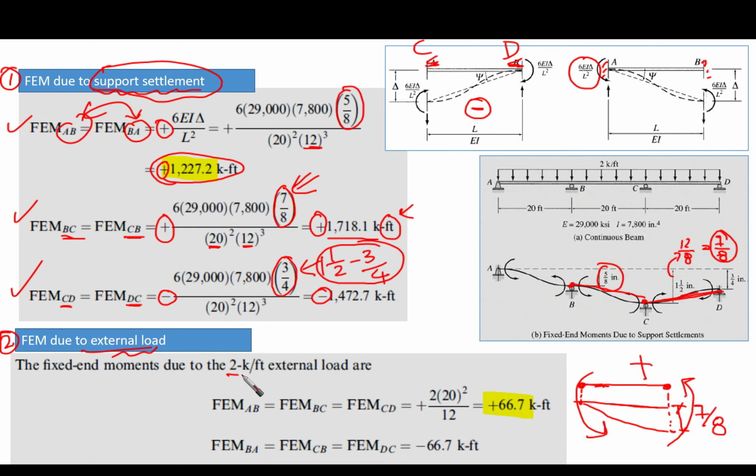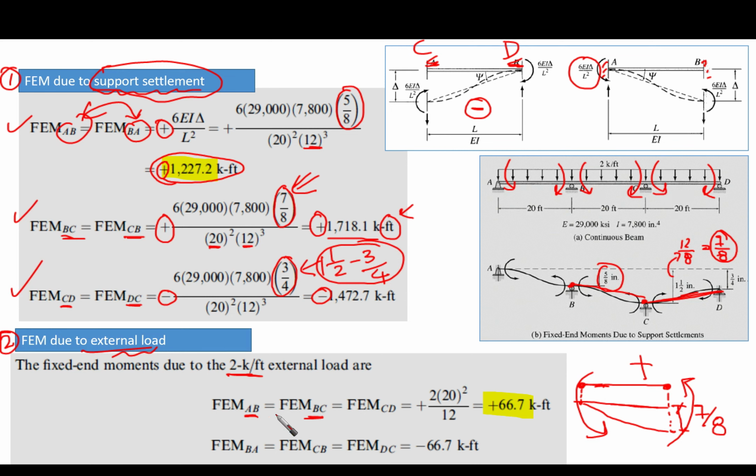So we have 2 kips per foot external loading. This 2 kips per foot, we have it on AB and BC and CD. They are going to be the same because the distributed load here is going to make some fixed end moments to happen like this. So all these moments, which are fixed end moments AB, BC and CD, they are the same magnitude and the same sign.